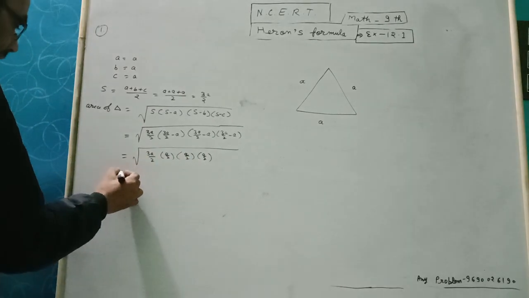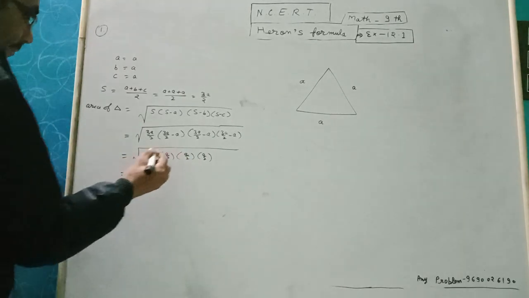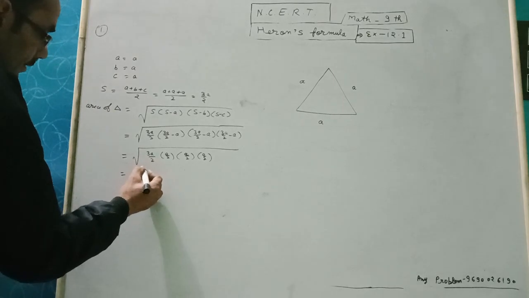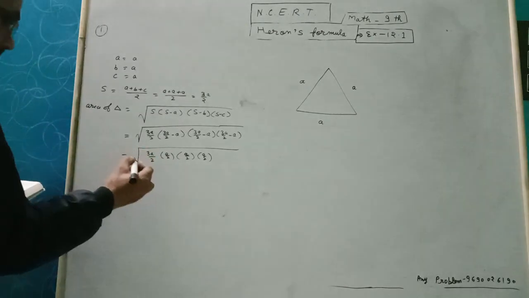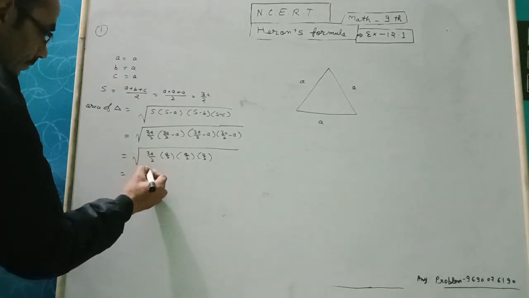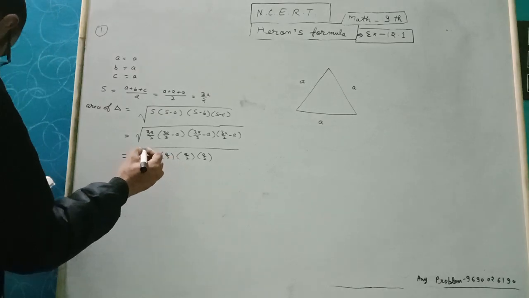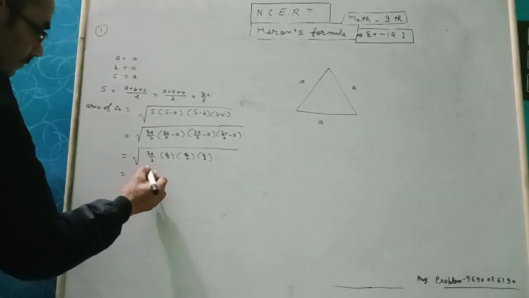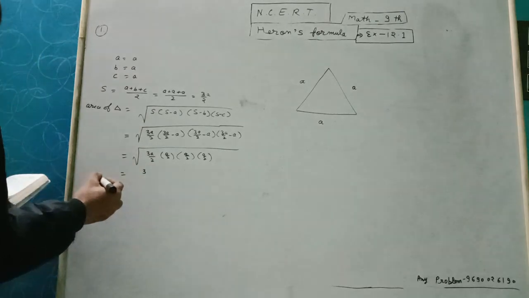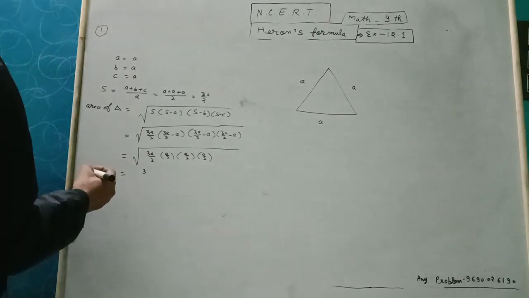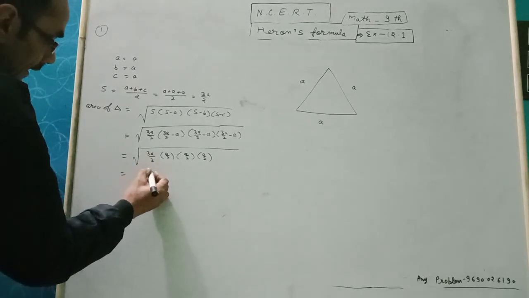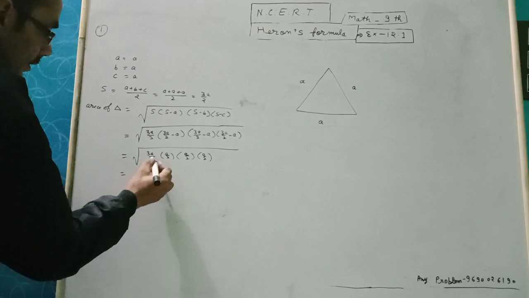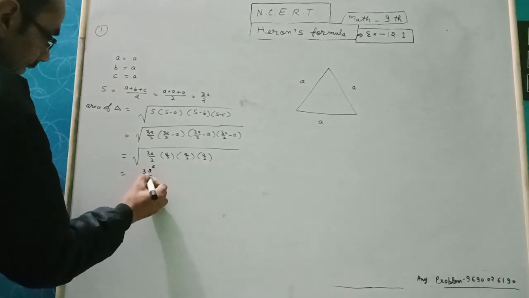After multiplying, 3A, 4 upon 2, 2 fours are 4, 4 fours are 16.